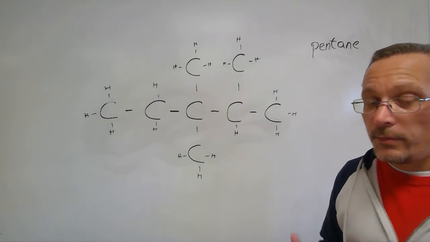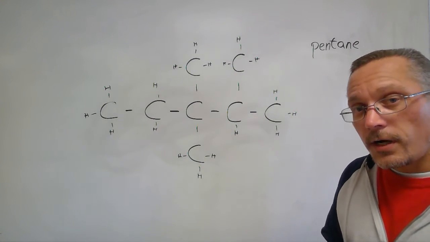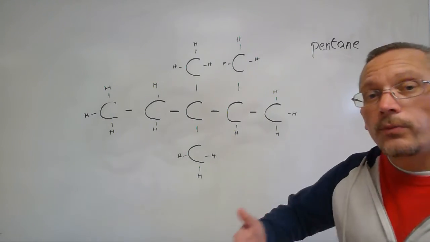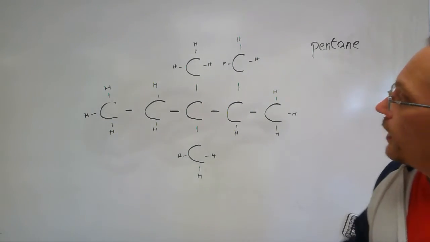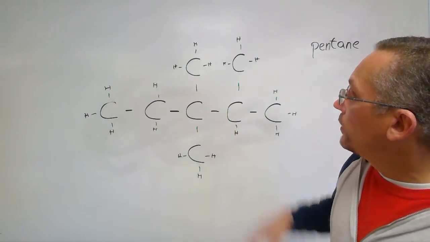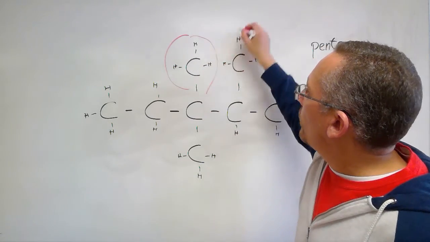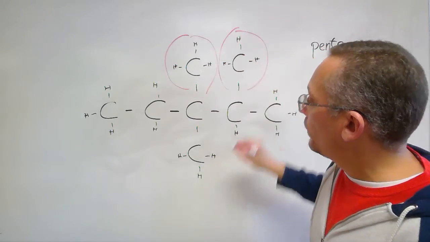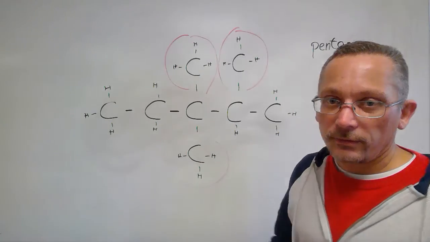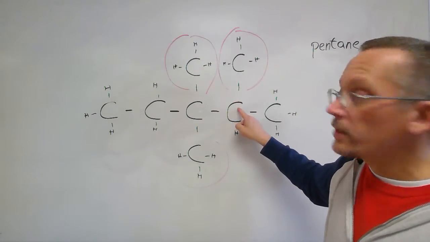Now we need to go about naming our branches. Okay. So like we mentioned, we're going to number our carbon atoms so that we get the smallest numbers. Okay, you see I have branches coming off of this carbon atom and this carbon atom.